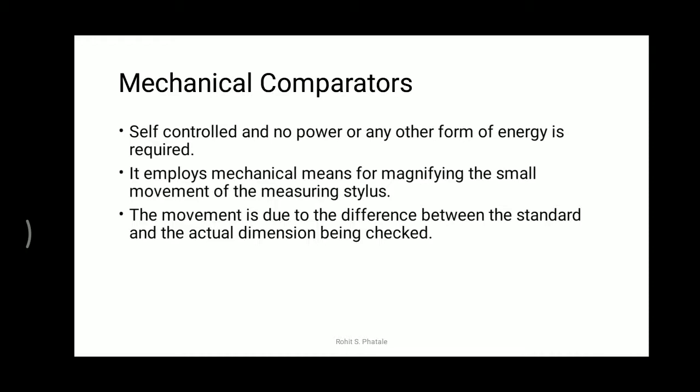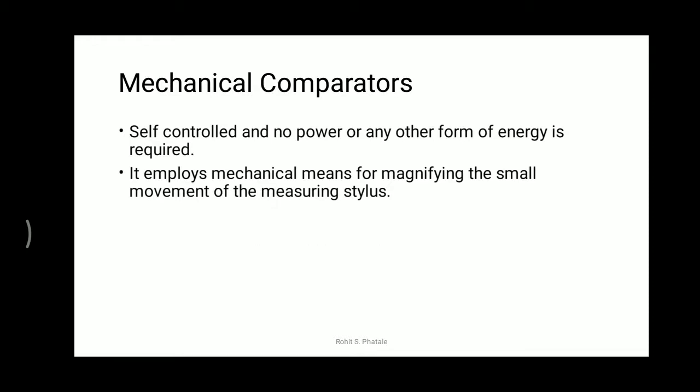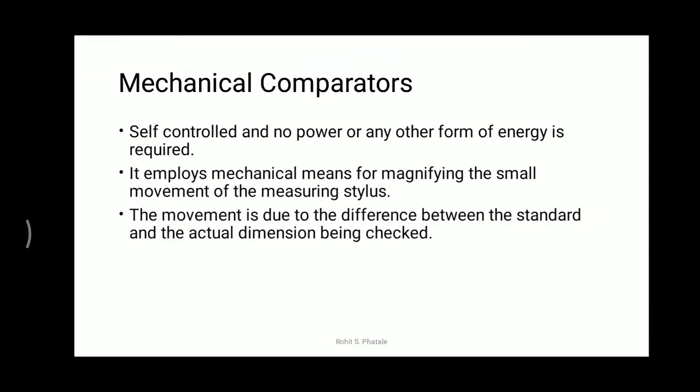The movement is due to the difference between the standard and the actual dimension being checked. Every workpiece or every job will have two dimensions. One is the standard dimension, and this dimension is given in the drawing. The actual dimension is the one we have calculated on our workpiece, the workpiece that we have manufactured.